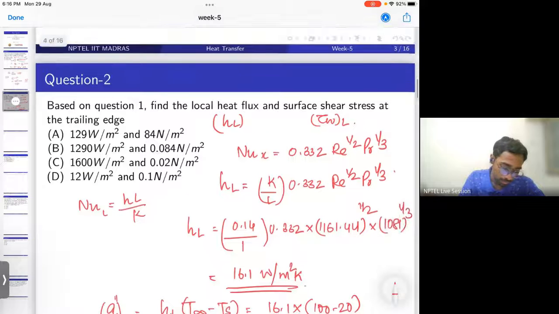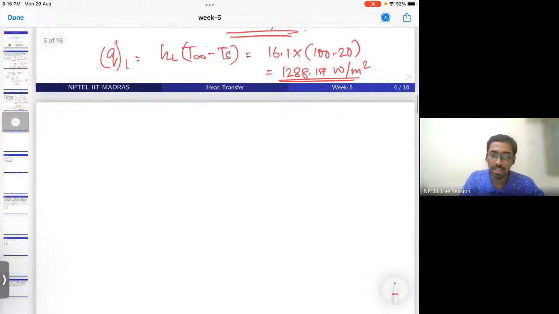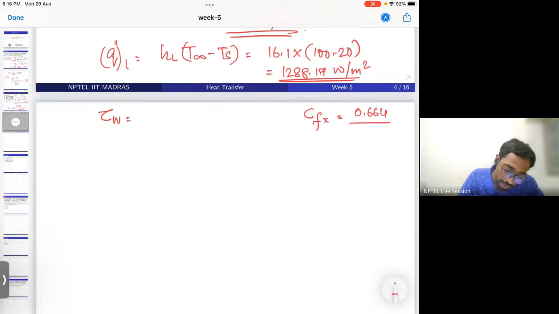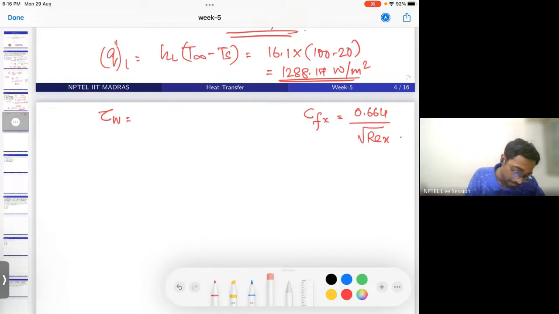So the first part of the question is over. The second part is we need to find out the shear stress tau W. We also derived the expression for tau W in the class. We know CFX, the friction coefficient, is equal to 0.664 divided by root REX.